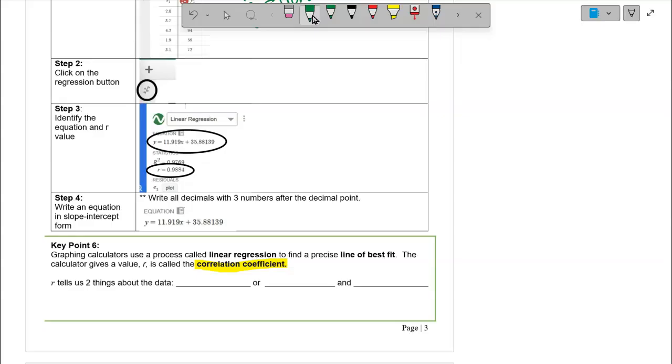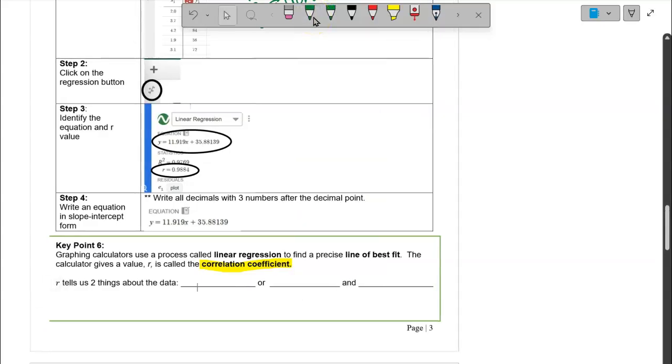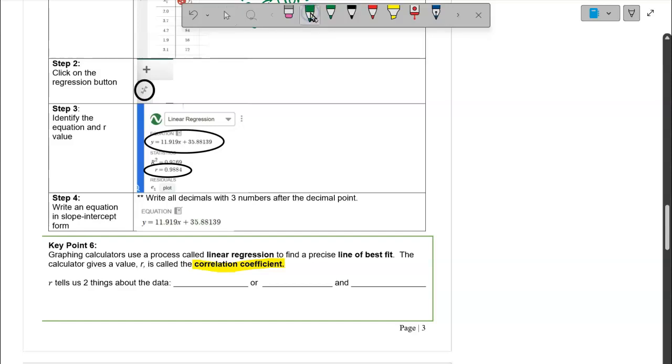So the coefficient just means it's a number. What that number tells you are these two things.